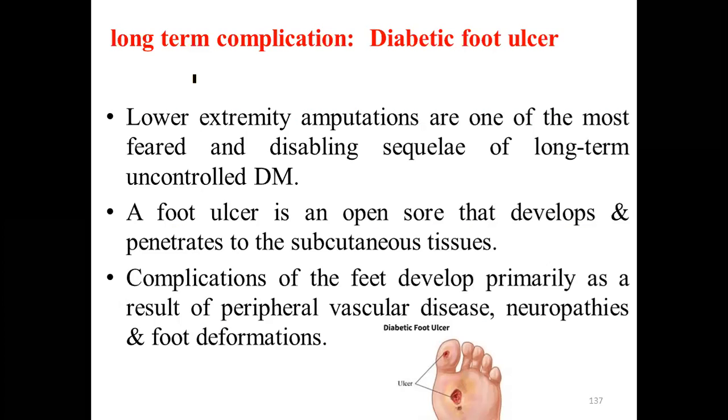So when someone has trauma, they don't even notice it because of the damage to the sensory neurons. Then, as a result of reduced blood flow, the immune system is reduced in its ability to fight infection in the wound areas because of the damage.